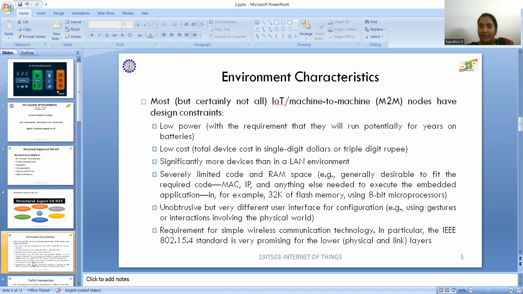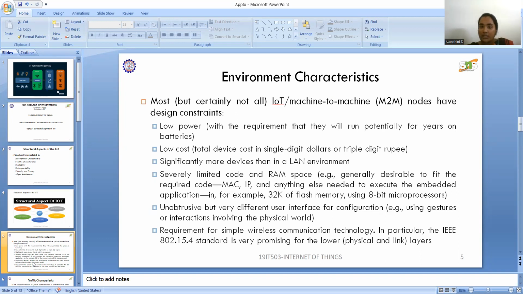First one is environmental characteristics. Mostly it comes under M2M, known as machine-to-machine nodes, having design constraints. Second, it consists of low power, which means it runs on less potential, in a low battery manner.